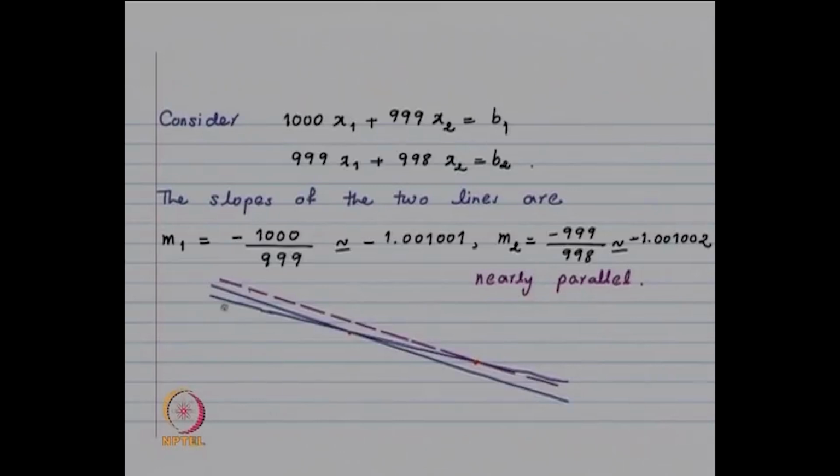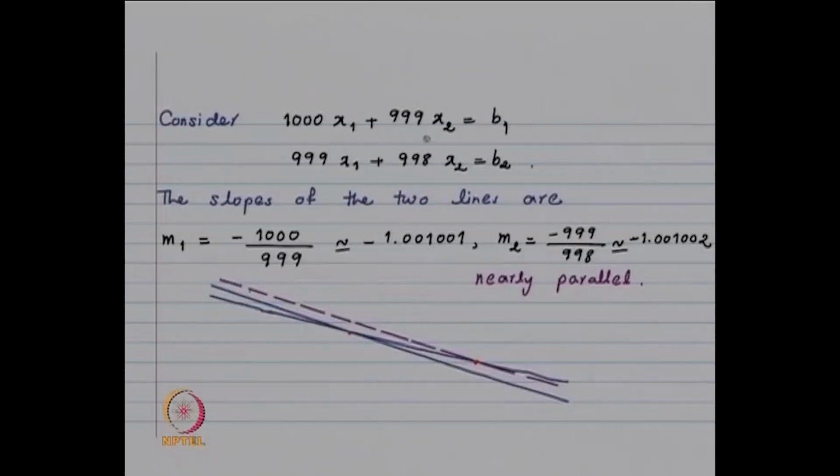So, you have the two straight lines shown by solid lines. Then when you perturb, so if instead of b1 I consider b1 plus delta b1, what I am doing is looking at a parallel straight line.